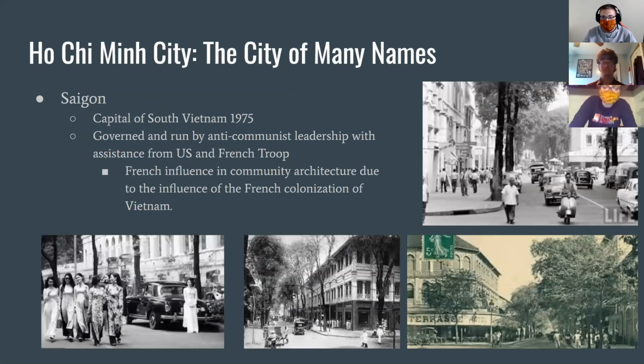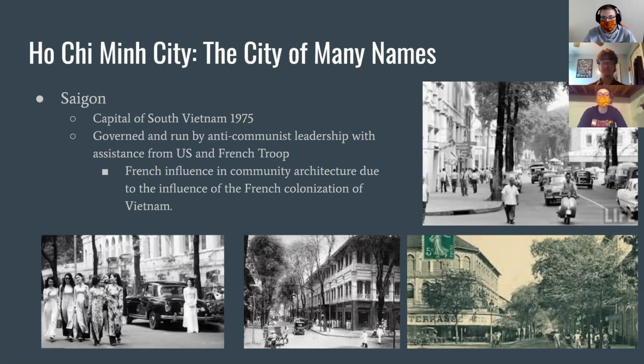Okay, so now we're in Ho Chi Minh City. It was a nice little ride. We're going to start with what used to be Ho Chi Minh City, which was referred to by the French as Saigon. They were actually the governing force at the time who changed the name to Saigon.